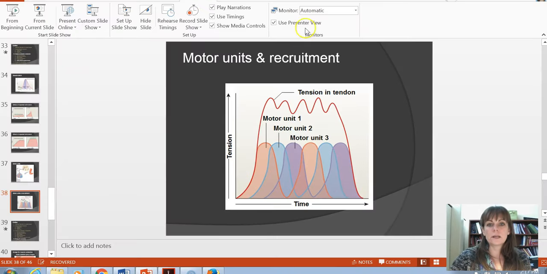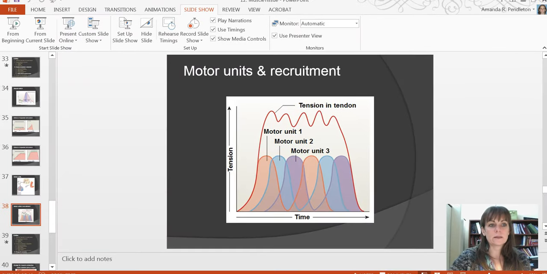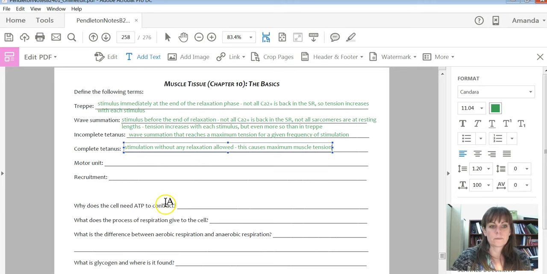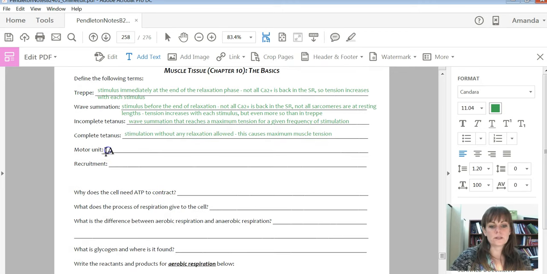So if we're looking here at our notes packet, a motor unit is going to be one motor neuron and all of the myofibers, which if you remember are muscle cells, that it controls.